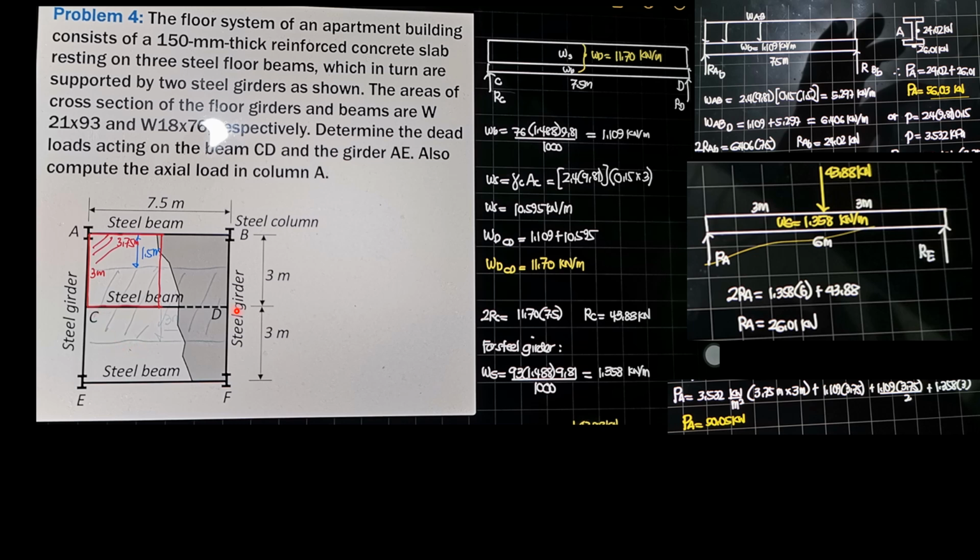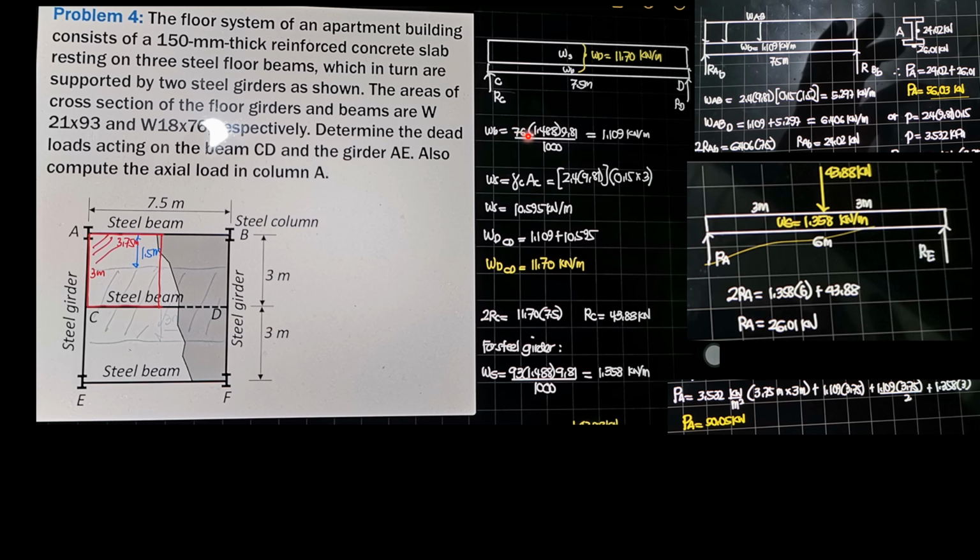So for CD, it consists of the weight of the steel beam itself and the uniform reinforced concrete slab. Computing the weight of the beam, remember the conversion factor. This is 76 pounds per foot. Therefore, the conversion factor to convert it to kilogram per meter is 1.488.